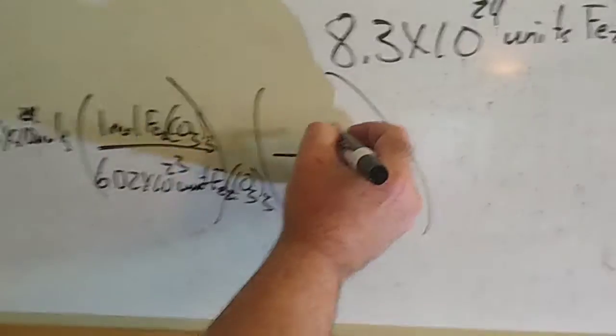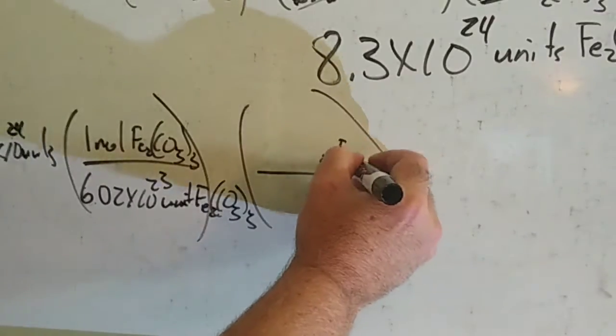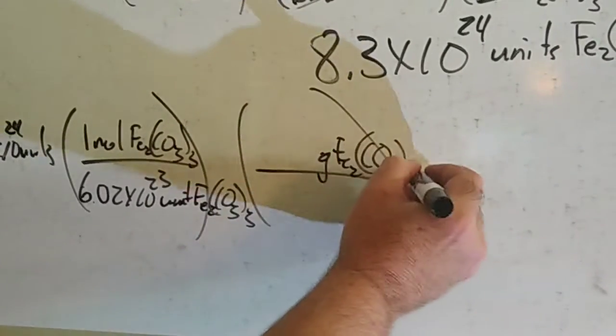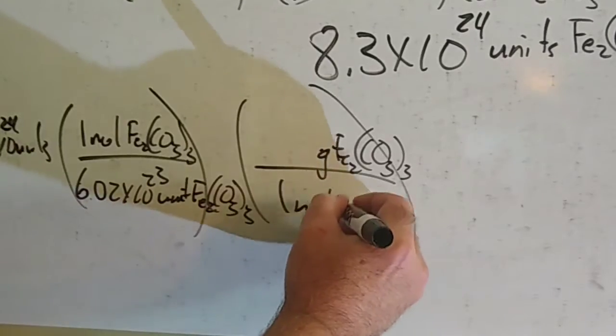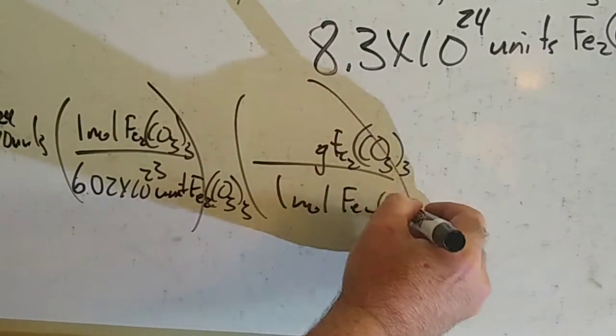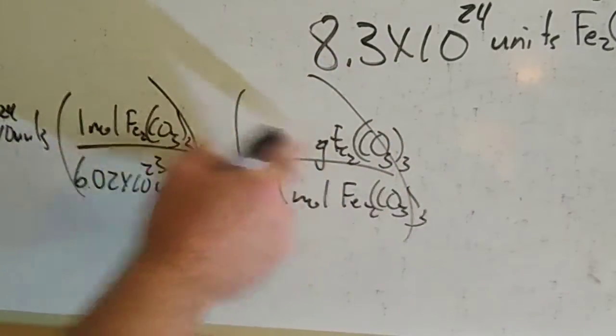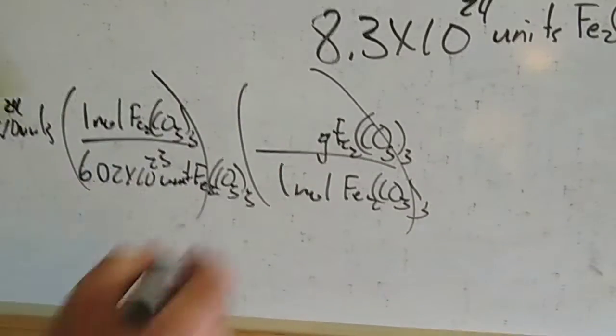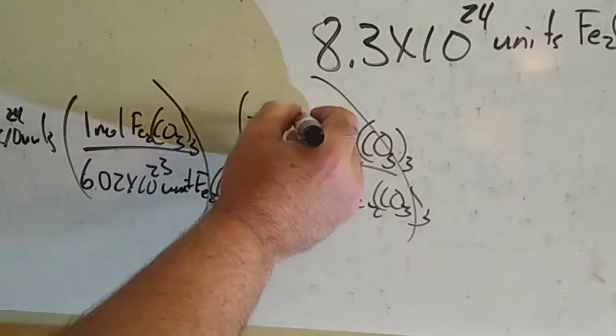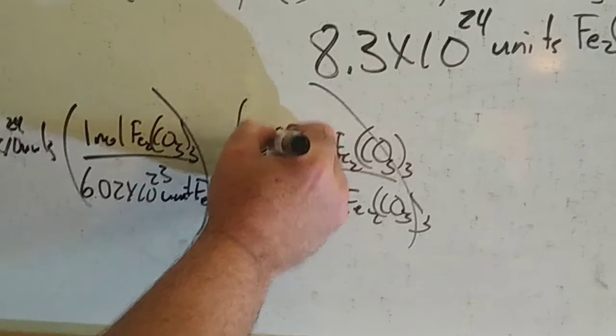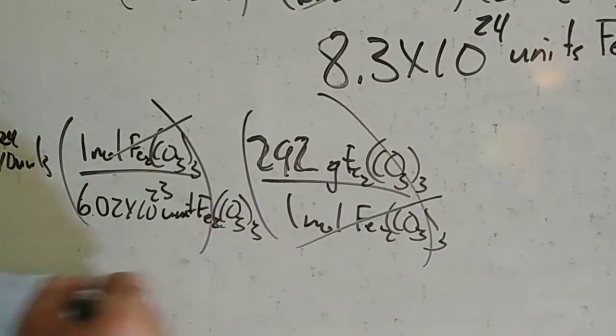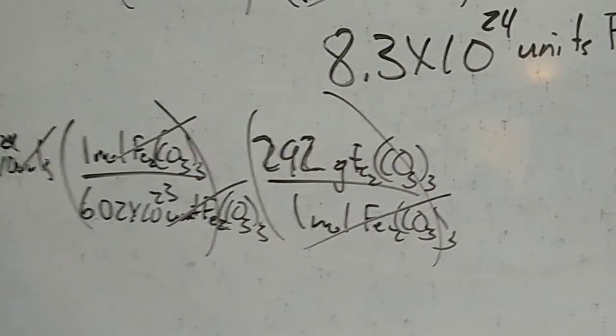And then we've got to change that into grams of Fe2CO3, 1 mole Fe2CO3. And again, where do I know the grams is? I look at problem number 1. It's 292. I did it once, I don't need to do the math again. Units cancel out.